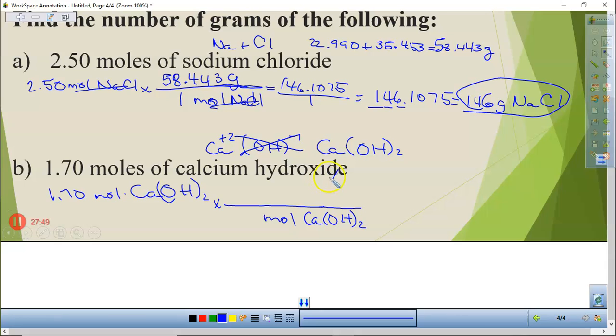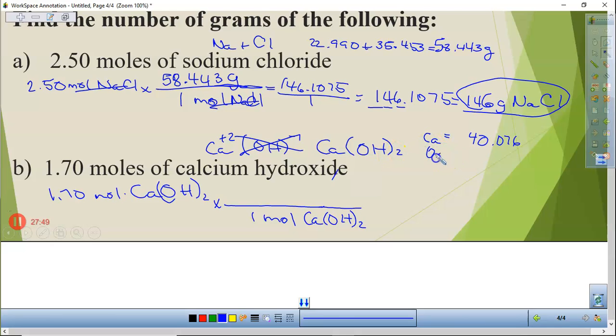Okay, I'm going to use my conversion factor: 1 mole is equal to the molar mass. So 1 mole of calcium hydroxide is some molar mass. We'll have to find that out. There's 1 calcium, which is 40.076. How many oxygens are there? 2.